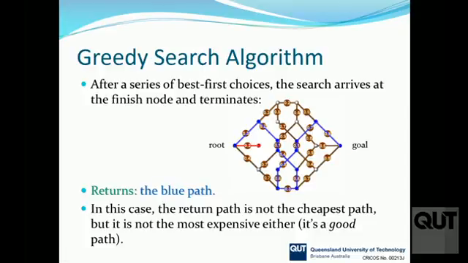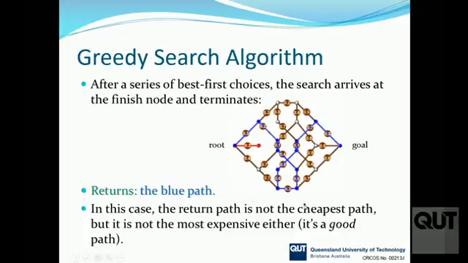It's fairly simple. Where a brute force search would have looked at every possible pathway in order to find a shortest cost path, the greedy search algorithm has simply applied a best first packing in order to arrive very quickly at a pathway.